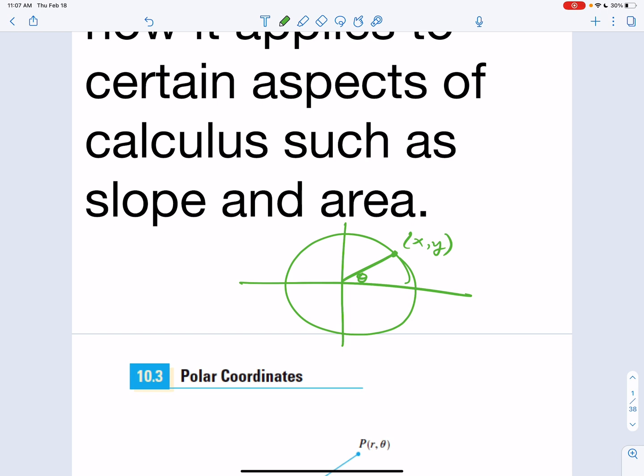So we had angles that were based on x and y coordinates and vice versa. So it is another form of parametrics, but the way you would find slope and area is a little bit different in a sense, okay? Because you're dealing with different variables.